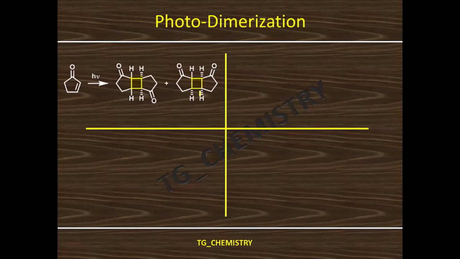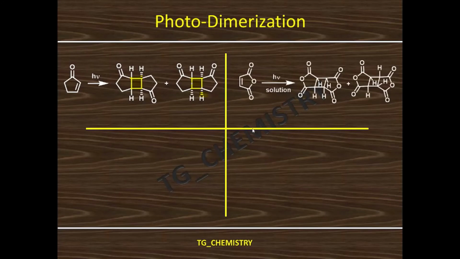Okay, so let's come to the second example, where the maleic anhydride in solution phase, when photoirradiated, ends up with the structural isomers, and of course their dimers.